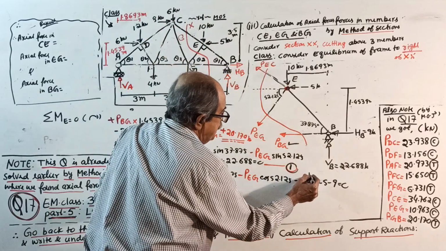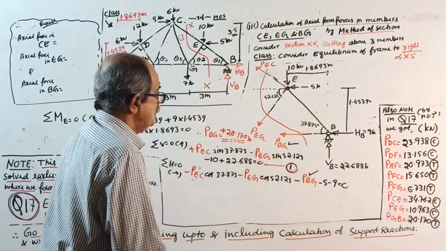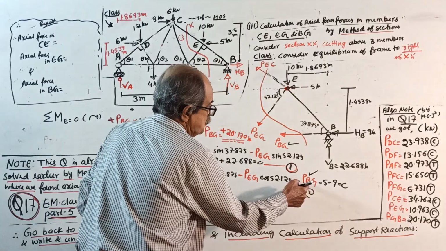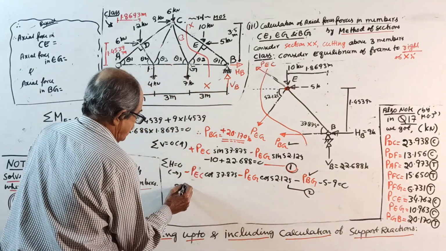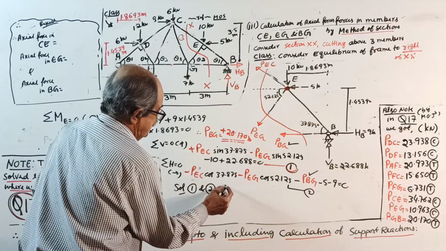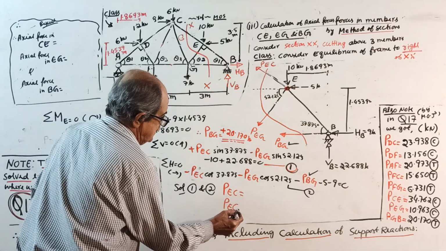PBG is known for you; whatever you got, substitute with sign. Still same unknowns. Equation number 2. Solving 1 and 2, you get PEC and PEG.